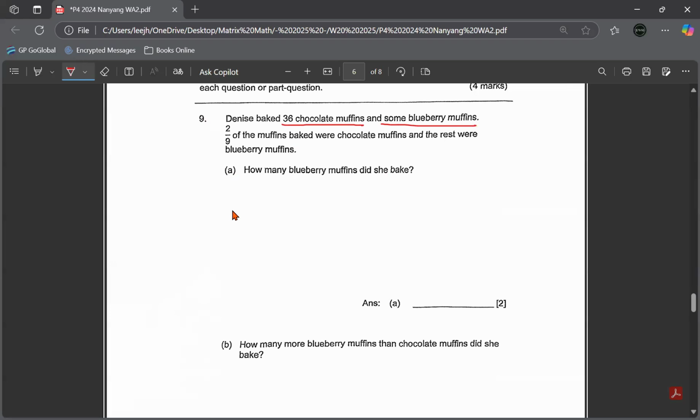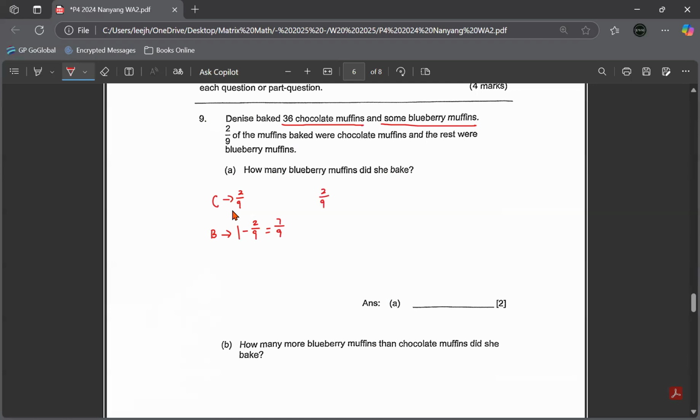Okay, but then it says 2/9 of the muffins baked were chocolate and the rest were blueberry. So if chocolate is 2/9, what fraction will the blueberry represent? So you take 1 whole minus 2/9. The blueberry muffins fraction is 7/9. So we know that there are 36 chocolate, and the fraction for the chocolate is 2/9.